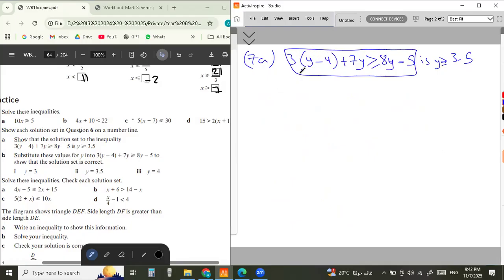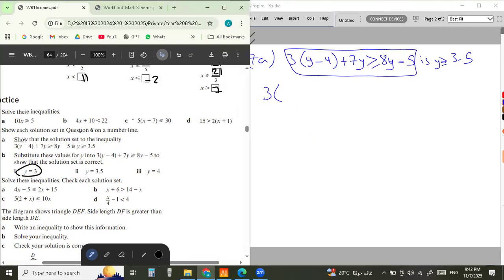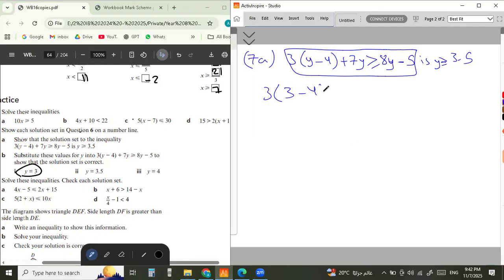So I'm going to remove the y and write 3. So 3 times, instead of y, I'm going to write 3. That's what they want you to do here. Y is 3. So let's do it. 3 minus 4. And instead of y, I wrote 3 plus 7 times 3, which is 21, is greater than or equal to 8 times 3 is 24 minus 5.